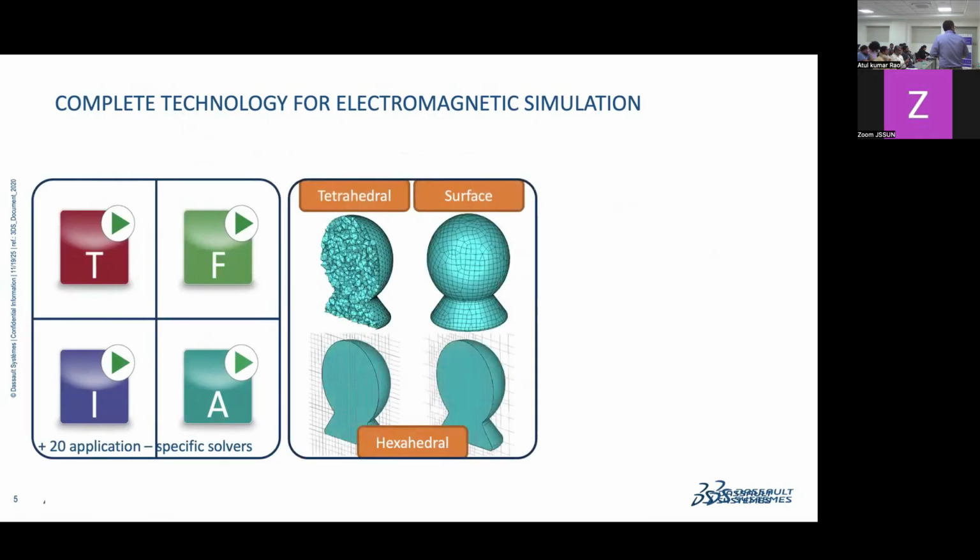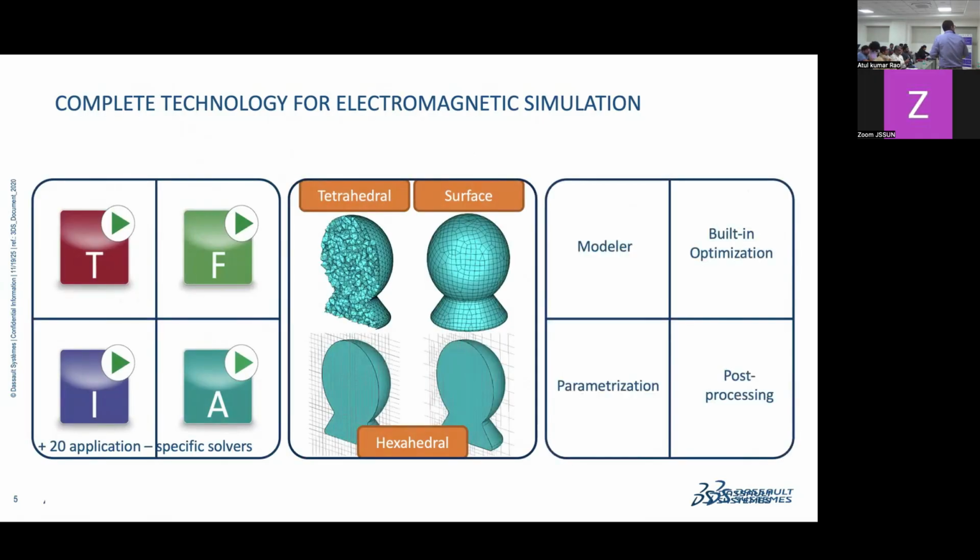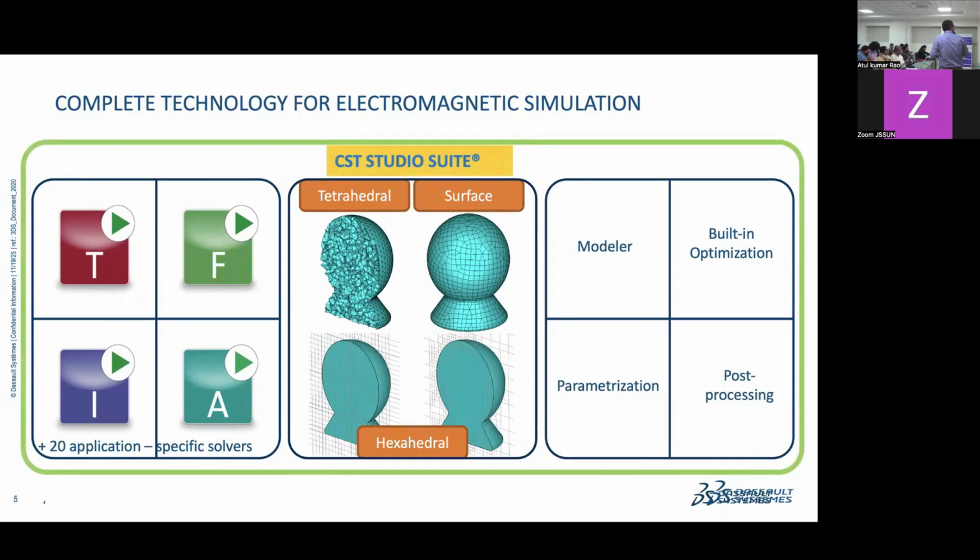Okay, so we just talked a little bit about CST, the different solvers, and what you can actually do. For those of you who have been exposed to coding, you might know that it's easier to run a code where you have parameters, so that you just change the variable once and then you see the result.